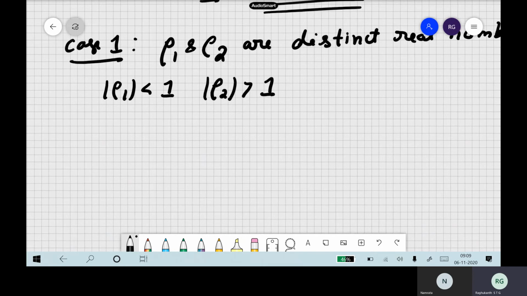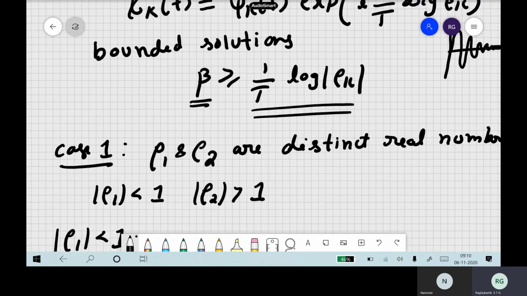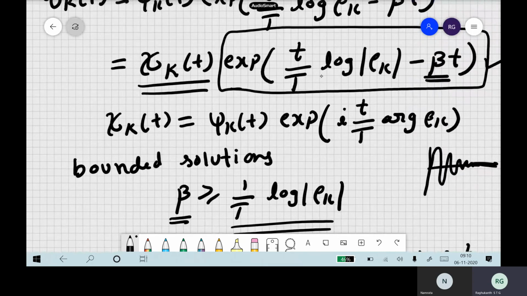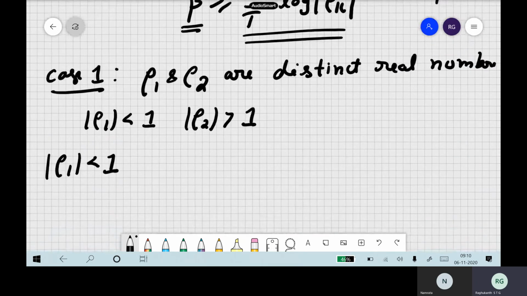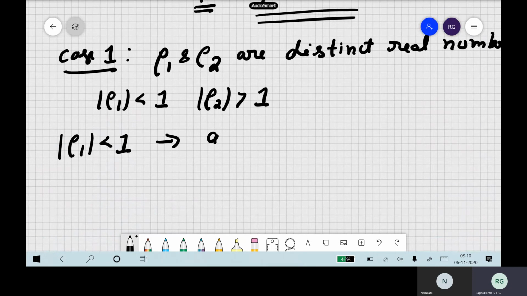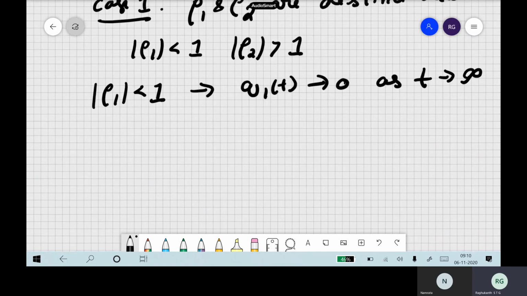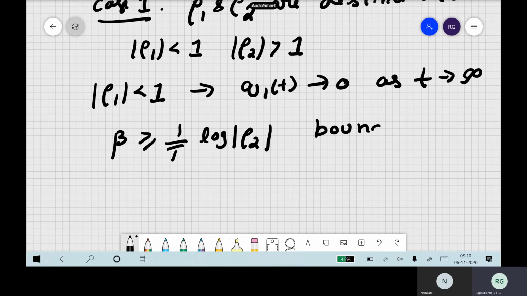Since ρ1 is less than 1, log of a number less than 1 will be negative, and then the solution will be stable. So your q1 of t goes to 0 as t tends to infinity. For the other solution, boundedness is possible if β is greater than or equal to 1 by T log of ρ2, and then the solution is bounded.